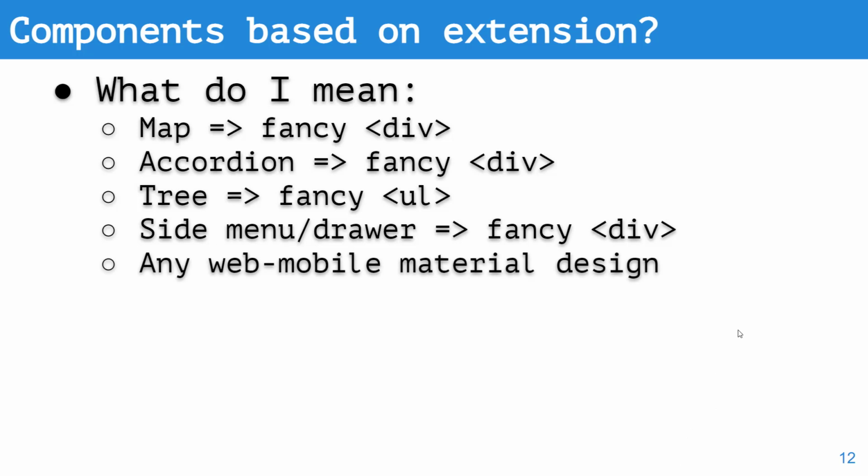So especially any web mobile material design thing that you might see in a library like Quasar or Vuetify is probably just taking existing HTML elements and using them in a specific way and adding features either through JavaScript or Cascading Style Sheets, right? These are some great component libraries to look at that work with a framework called Vue.